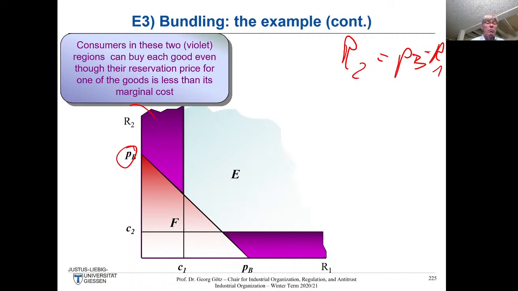What about them? Everyone in the red area doesn't buy the bundle. But these guys in these violet ranges, they buy the bundle, even though their willingness to pay here for product 1 is lower than the cost.